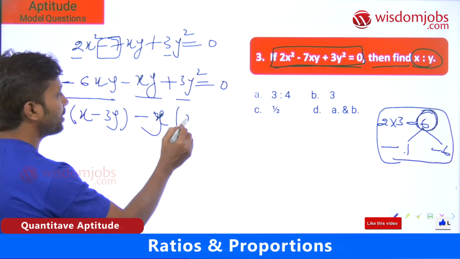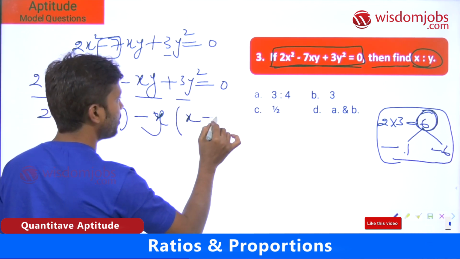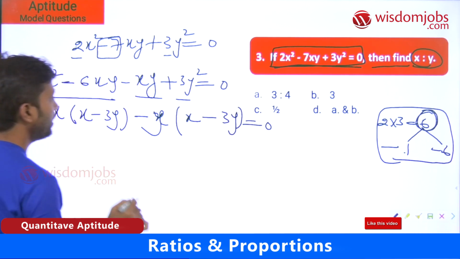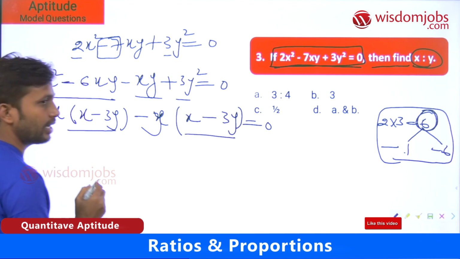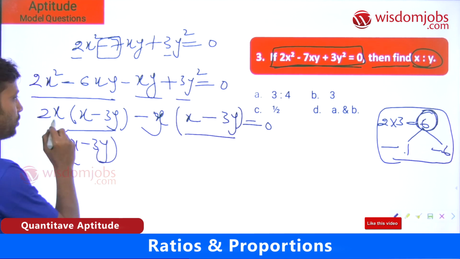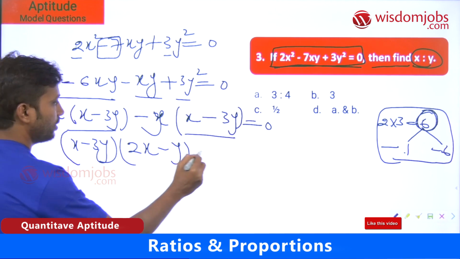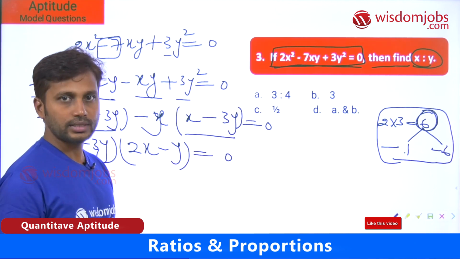So here instead of minus 3y you get plus 3y, and here instead of plus 2x you get minus 2x. Sorry, here you get 2x minus y equal to 0. Now in these two terms, again x minus 3y is common, so that means x minus 3y into 2x minus y equal to 0, right? So like this you can split into the factors.